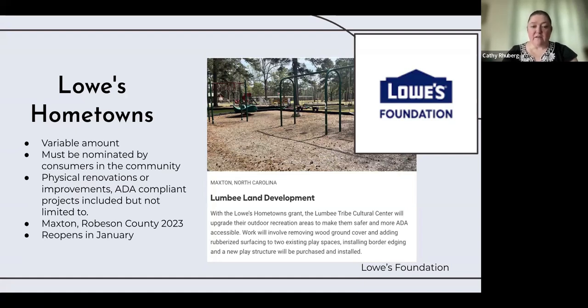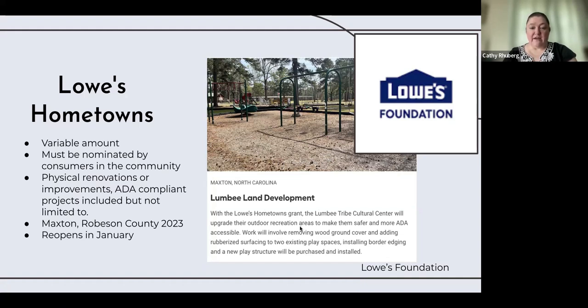So I like to show this Lumbee Land Development Project. It was a winner in 2023. And they took an existing park and they wanted to make that park more accessible for everyone in their community to use.